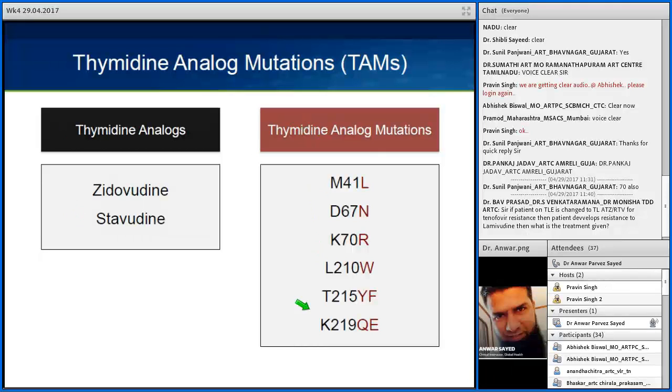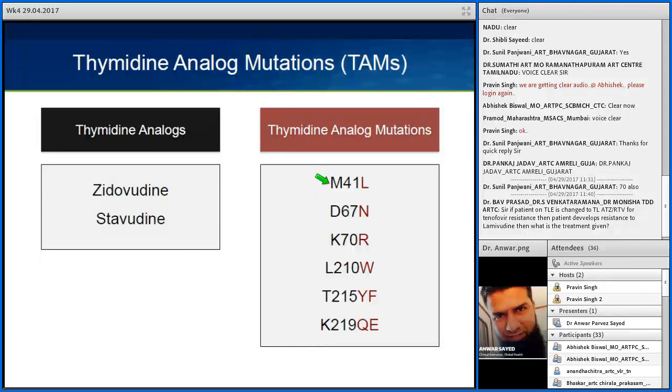You need not remember the list of mutations, but remember this term, thymidine analog mutations, or in short TAMs, T-A-M-S. So TAMs are the mutations for these thymidine analogs, that is zidovudine and stavudine.